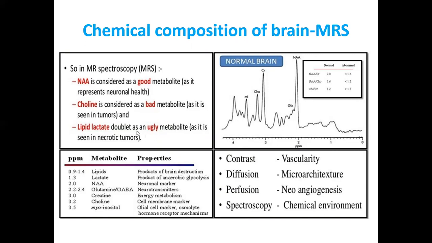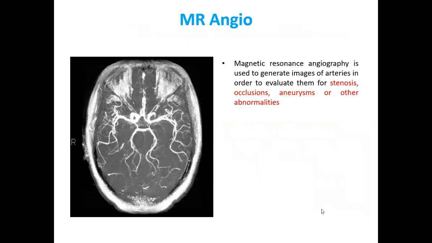Lipid is also an ugly metabolite, seen in necrotic tumors. If you find these ECG-like pictures in any image, it is called MRS. If you want to know the vascularity, go for contrast; diffusion for micro architecture; perfusion for neoangiogenesis; and spectroscopy for chemical environment.